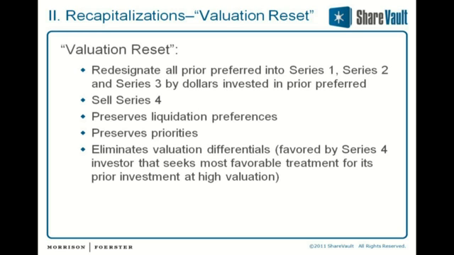Now, the Series 1 investor is going to be unhappy about this, because the Series 1 investor will say, hey, I invested 3 years ago when there was all the execution risk at a lower valuation. You're now only going to give me credit for the dollars that I've invested, and as a seed investor, my investment was smaller on an absolute basis than the last round of Series 3. We'll preserve liquidation preferences and we'll preserve priorities, so we're not going to monkey with those 2 attributes. And we'll simply raise new money by selling Series 4.